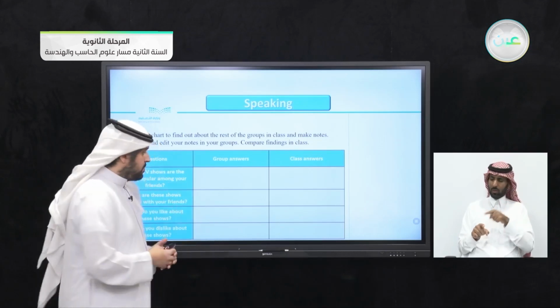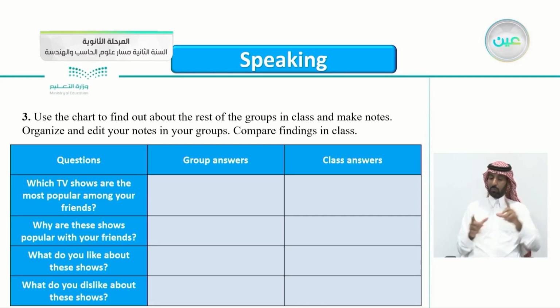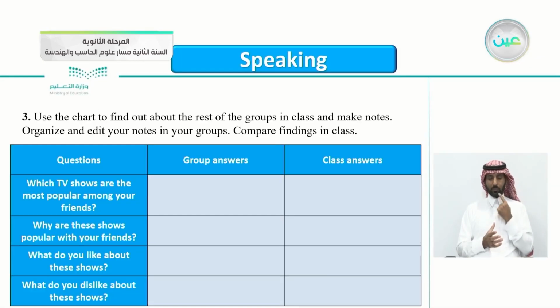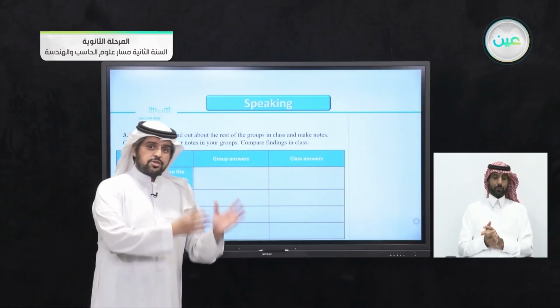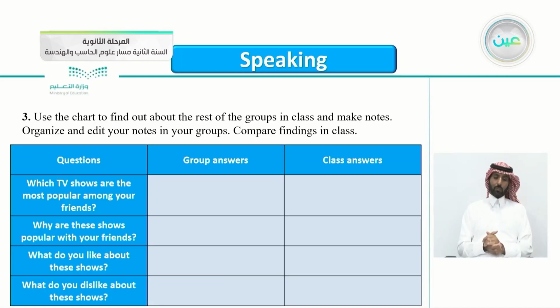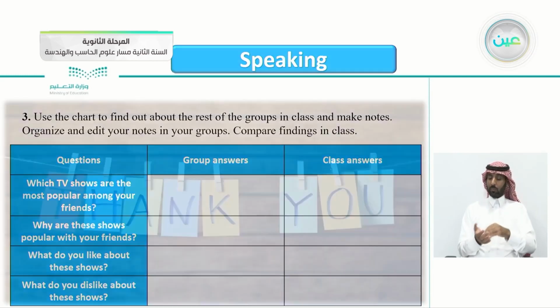What do you like about these shows? If you like these shows, tell what you like about them. What do you dislike about these shows? So the last 2 rows here, what do you like about the shows and what do you dislike about the show? This is the group answers and class answers, and of course compare them together.